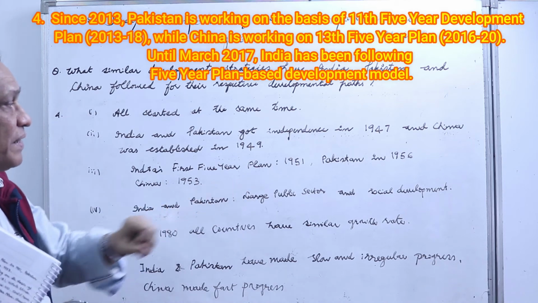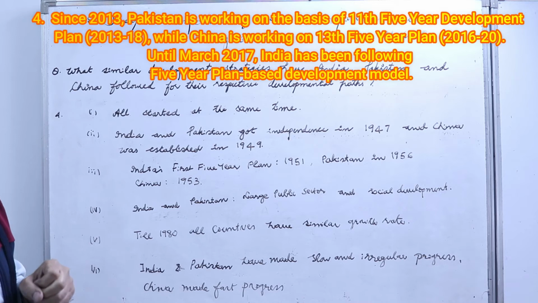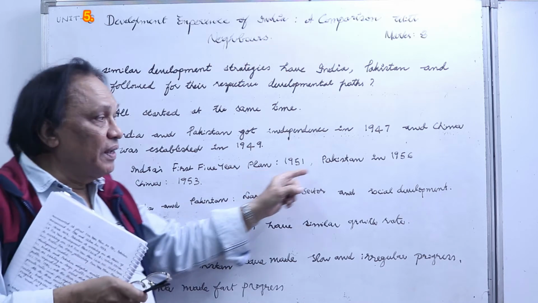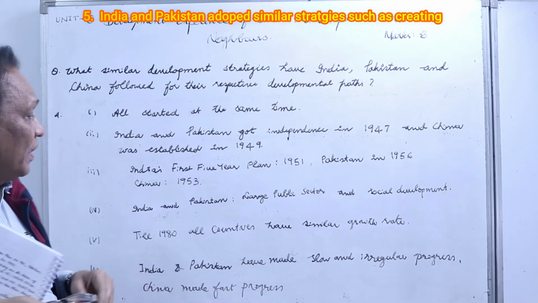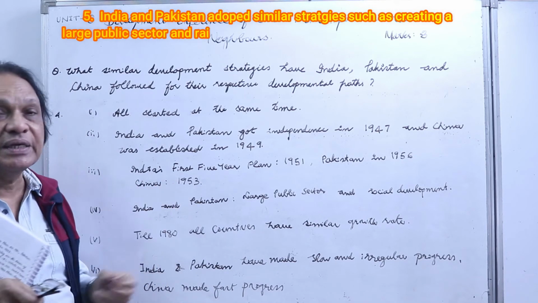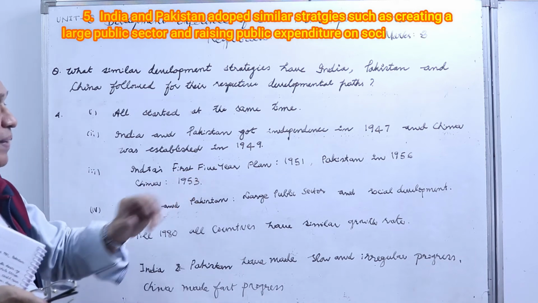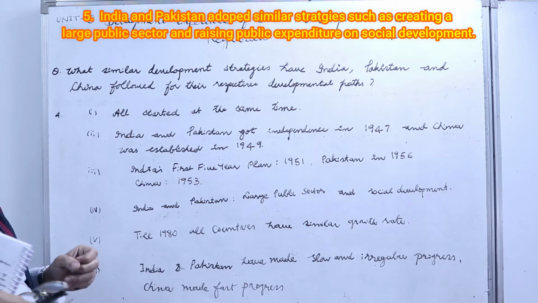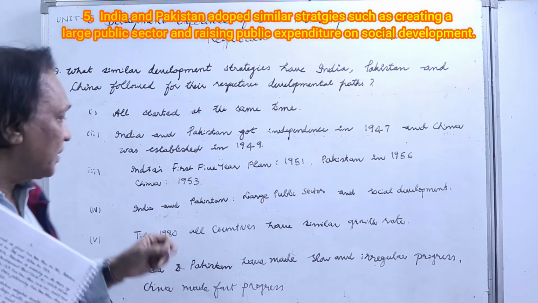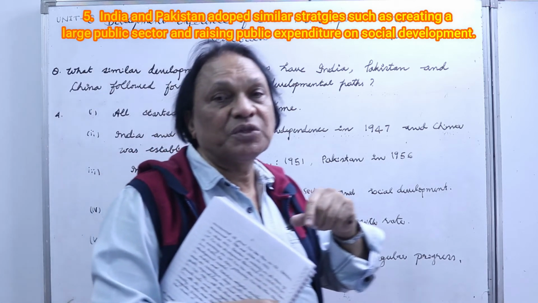India started their 5-year plans in 1951, Pakistan in 1956, slightly later, and China in 1953. So the first 5-year plans: India 1951, Pakistan 1956, China 1953.